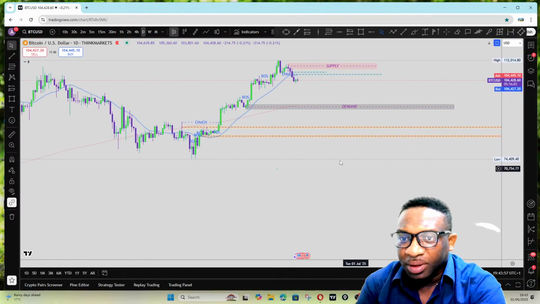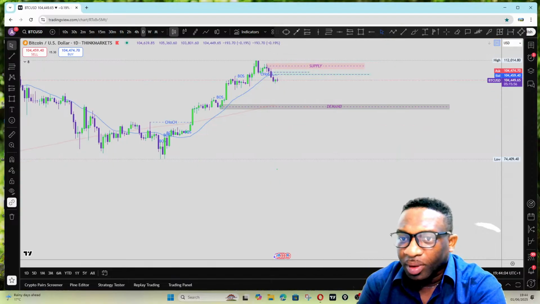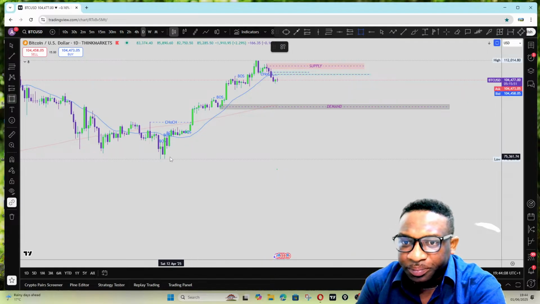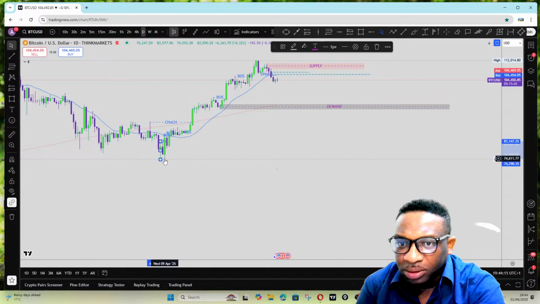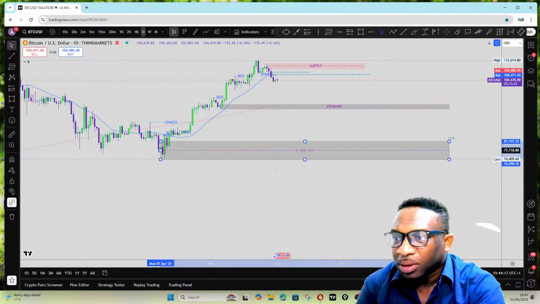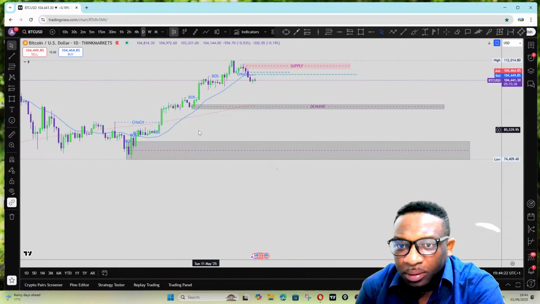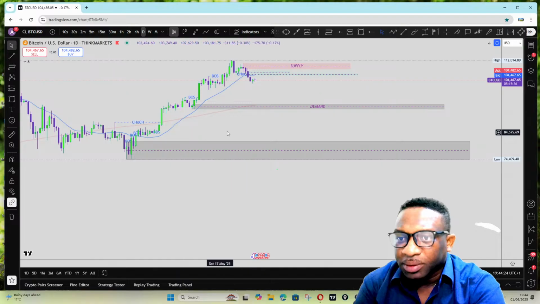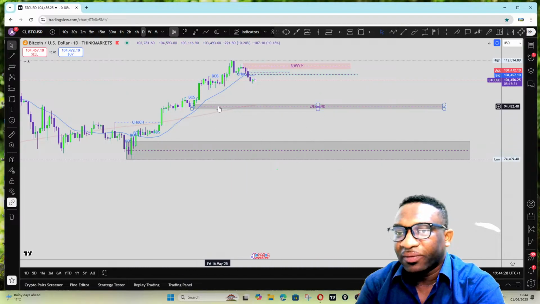And let's take this out first. So there is another area here. So I'll take it from there. All these areas where their liquidity is resting haven't been cleared yet.